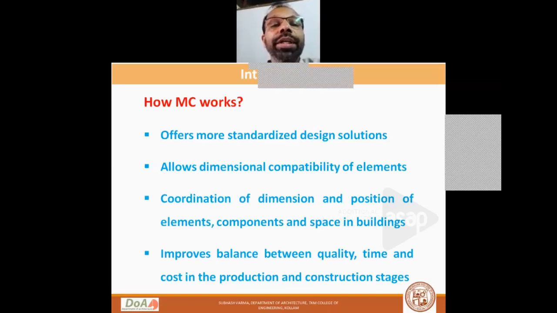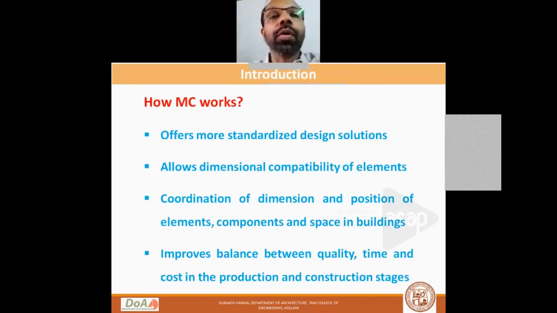It allows the coordination of dimension and position of elements, components, and space in the building. So all these aspects should fall into the modular coordinates. And it improves the balance between quality, time, and cost in production and construction stages. That is a very important aspect.